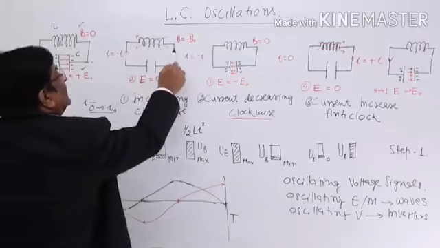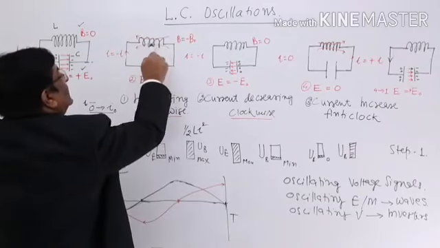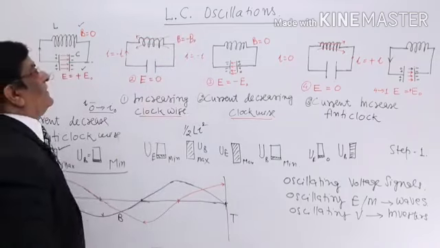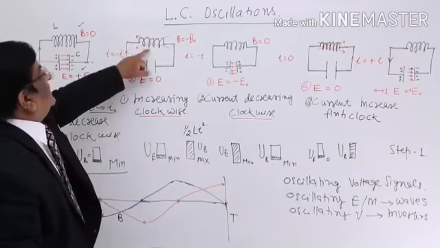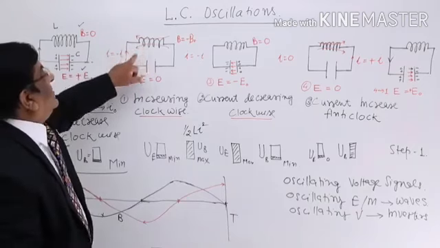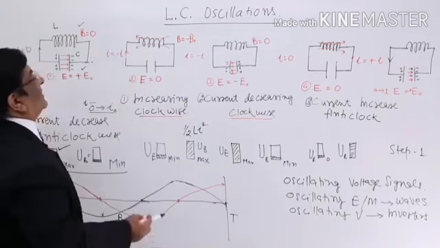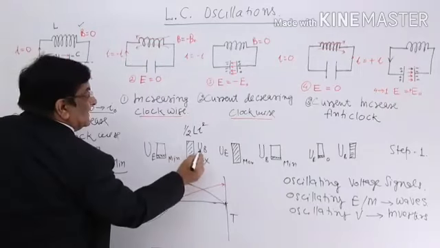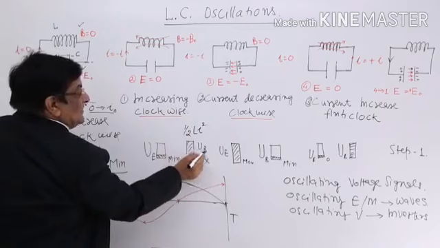When the current increases, then there is a magnetic field developing in this. But due to its nature, it opposes the increase in the current. Now because of this magnetic field, there is magnetic energy. Energy, magnetic.